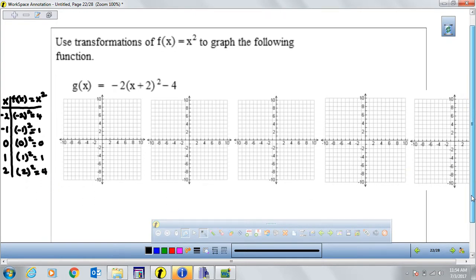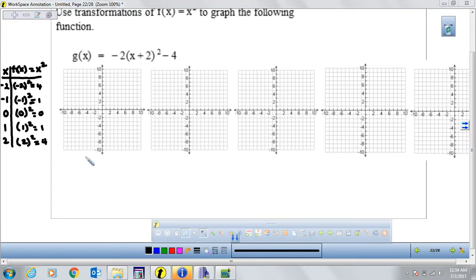So let's write the points down here for f of x. The function f of x equals x squared is going to have the points negative 2 comma 4, negative 1 comma 1, 0 comma 0, 1 comma 1, and 2 comma 4.